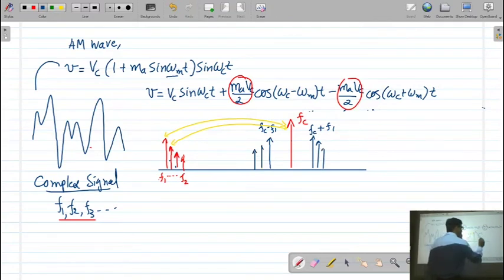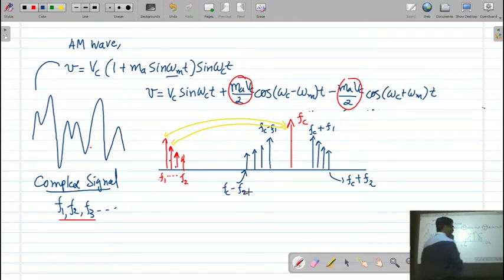In the same way, whatever my maximum frequency f2 is, it is also going to be modulated with this. So you can say this is fc plus f2 and this is fc minus f2.